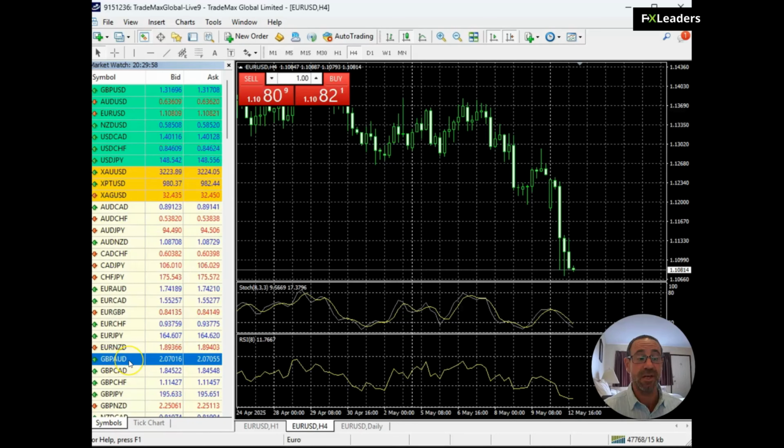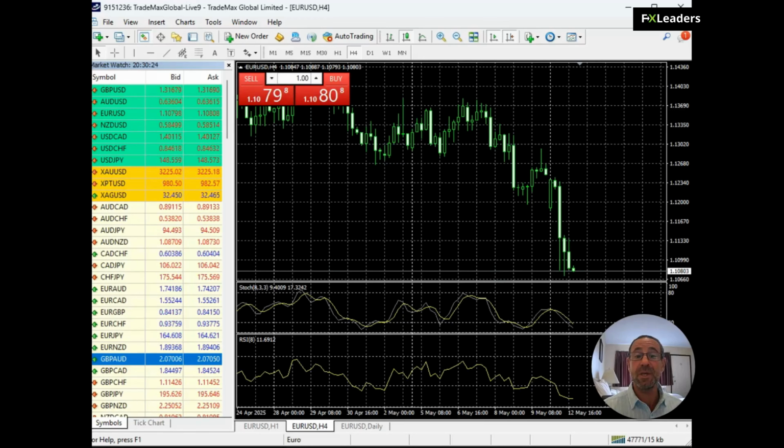Pound versus the Australian dollar. Those are the crosses. This is the group that we call minor. They don't involve the US dollar, but they're still very popular, very tradable, very liquid, just not like the majors. And that's probably a good tip: if you're new, stick to the majors. Low spreads and smoother price movement, less volatility in the majors.